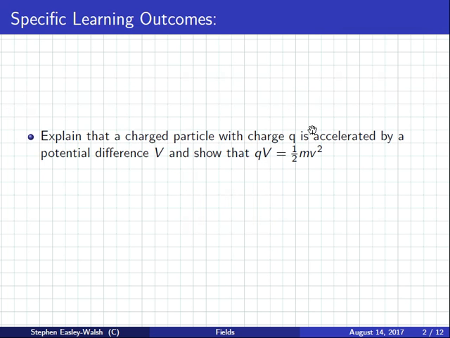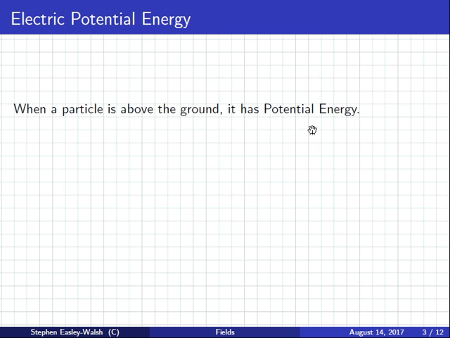So, let's have a look. You know when a particle is above the ground, it has potential energy. Do you remember the formula? What's the formula for potential energy when it's above the ground? mgh. Good. Because a force is acting on it. What force in this case? Gravity, yeah.